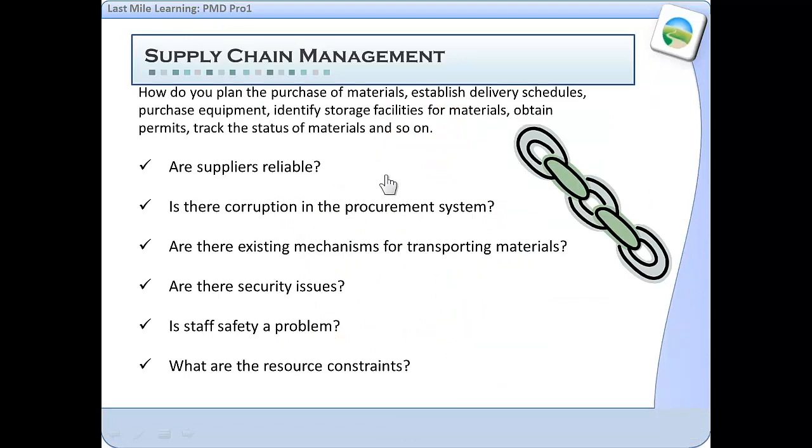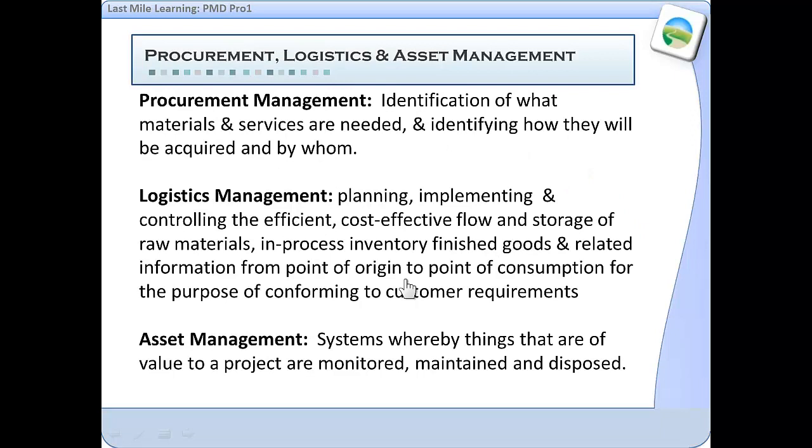I'm just going to mention a little bit about supply chain management. You should read this part carefully, that this is extremely important, that being able to track the suppliers, making sure they're reliable, trying to minimize corruption, deal with corruption when it happens, the indirect work of transporting materials, security, safety, all of these things need to be part of your detailed work and planning.